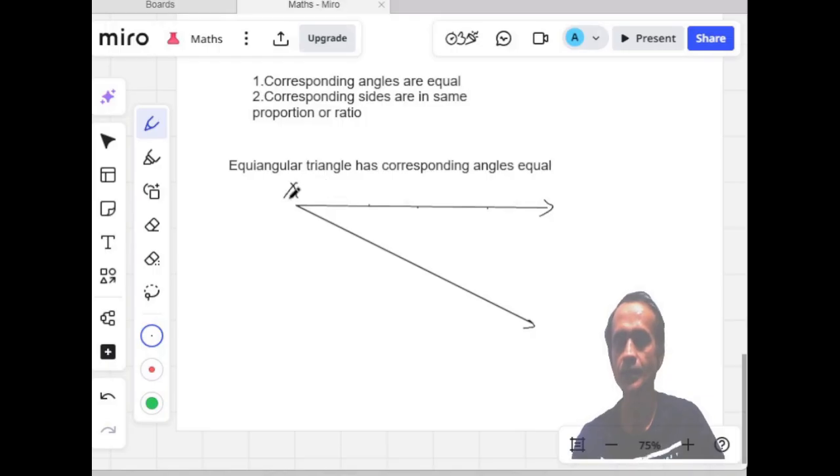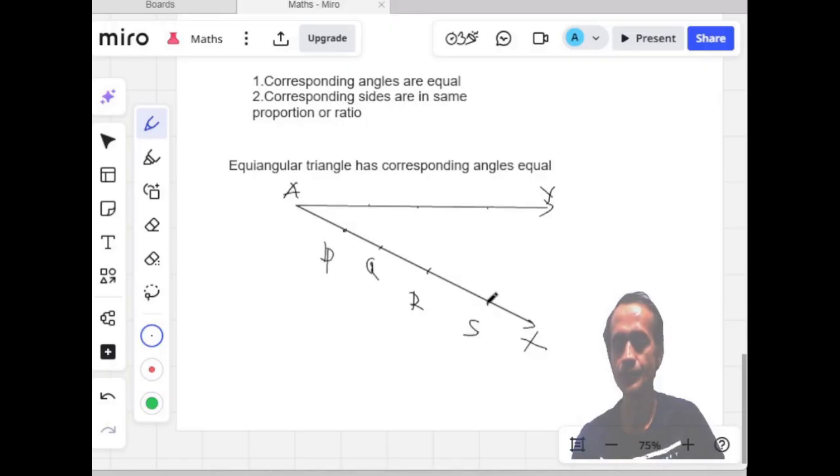This point be A, and this Y, and this is X. So let us mark some points on X. Let these points be P, Q, R, and S.